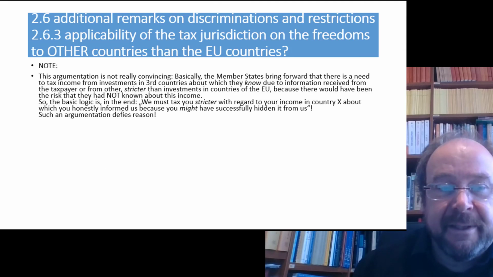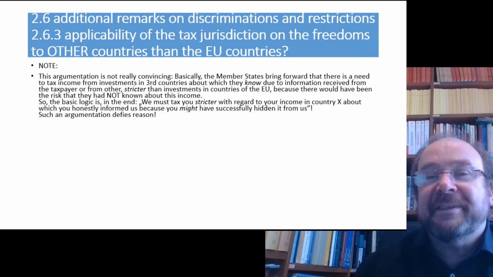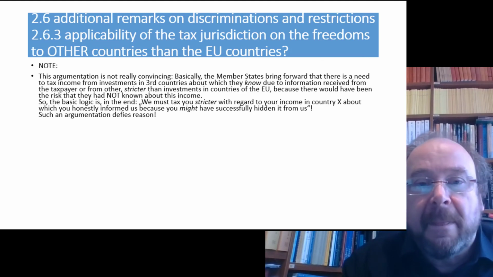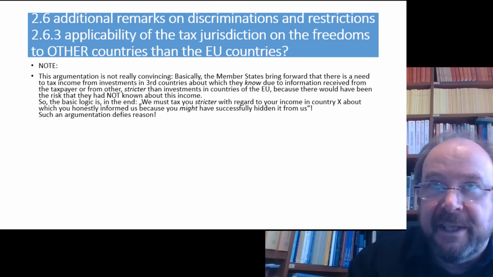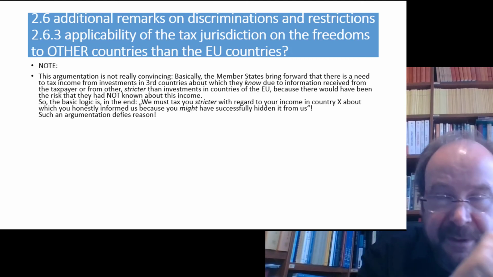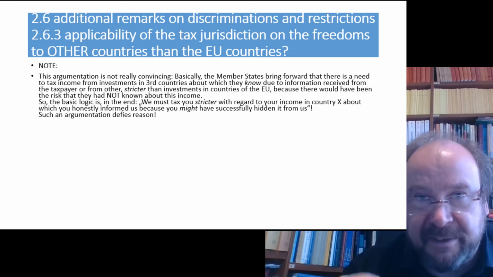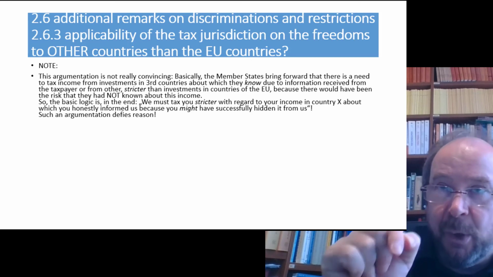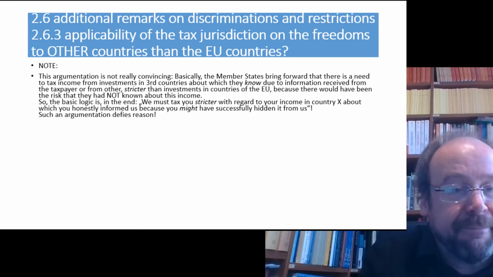Now, basically, this argumentation is a bit strange. Because what we do here is we say, if we tax you with money from a third country, then you must know we can only tax you with money from a third country if we know that you have this money.